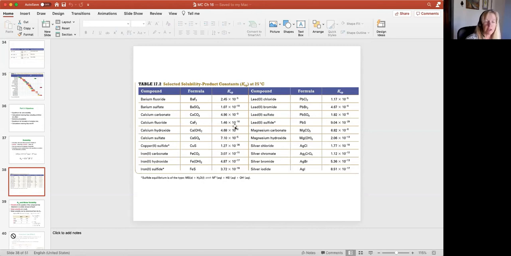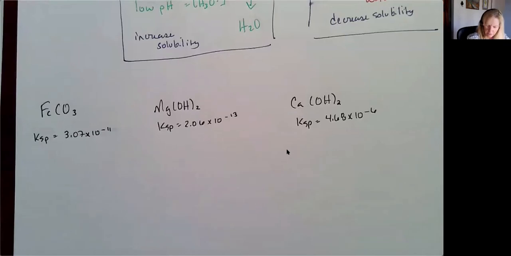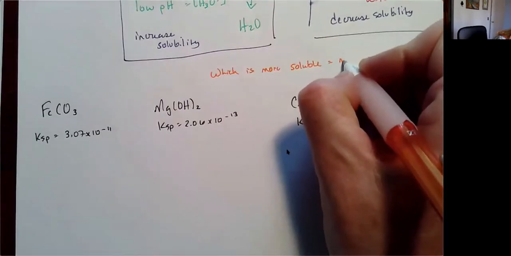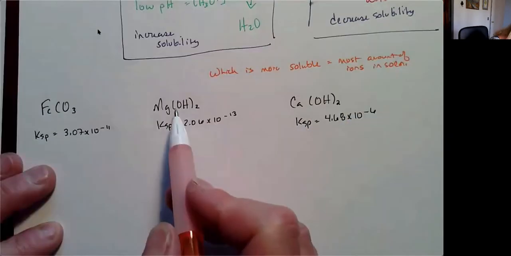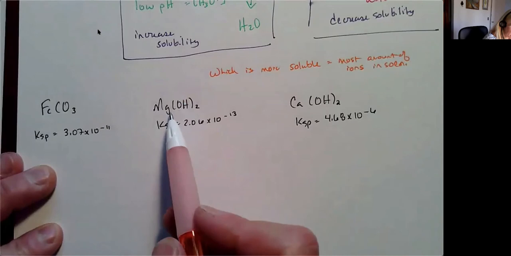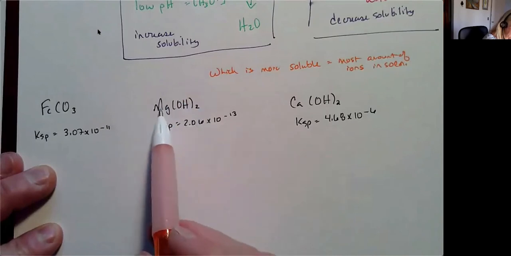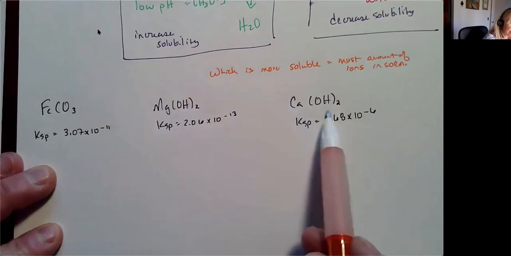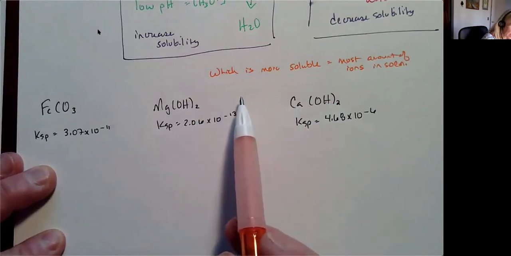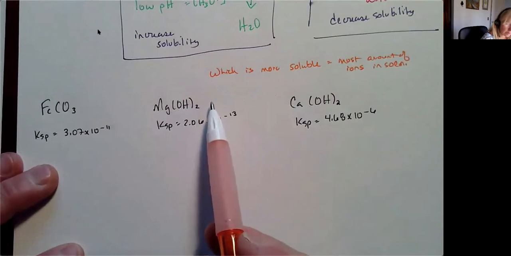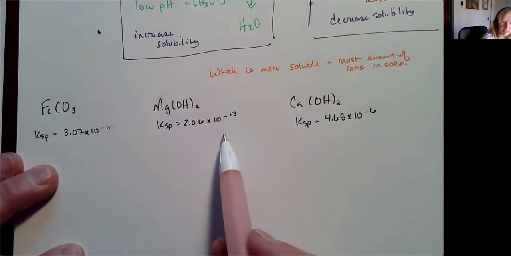Can I just compare my KSP values? I can if I'm looking at calcium hydroxide and magnesium hydroxide. If I'm going to compare solubility, it's going to produce the most amount of ions in solution if my stoichiometry is the same in terms of number of ions. So this is going to dissociate to give me 3 ions. This is going to dissociate to give me 3 ions. So if my number of ions that are going to be produced between my 2 ionic compounds are the same, then I can compare my KSP values.